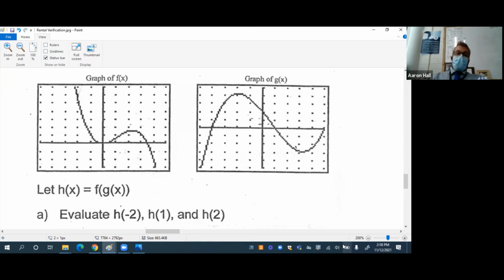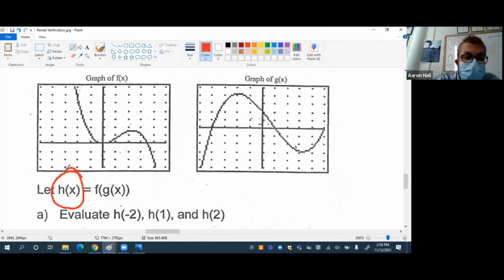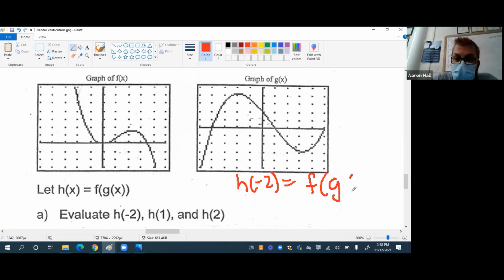Order of operations, what do we do first? Parentheses. So if h of x equals f of g of x, then when I'm trying to figure out what h of -2 is, what I'm really trying to figure out is f of g of -2.